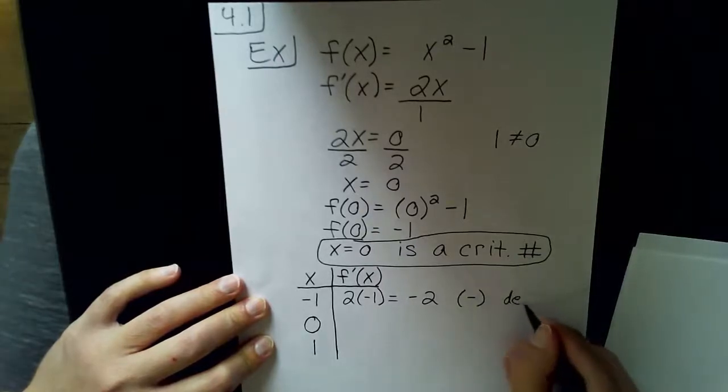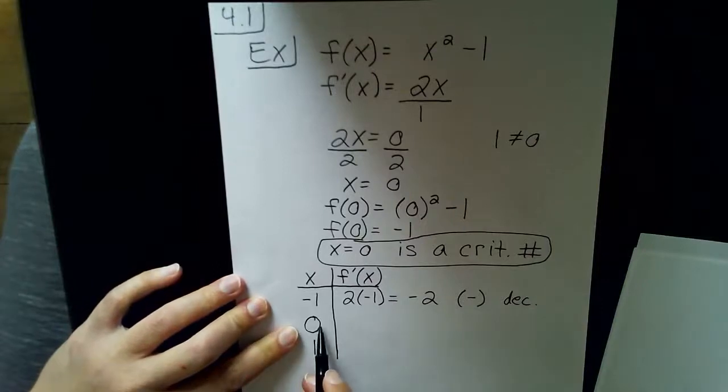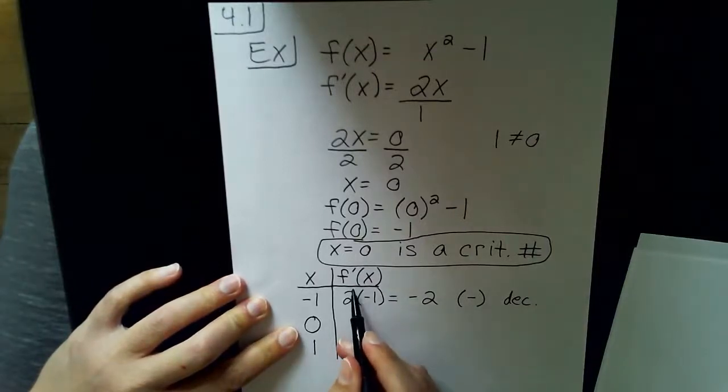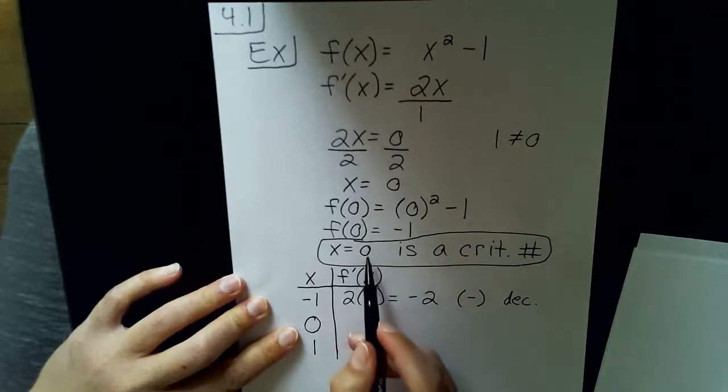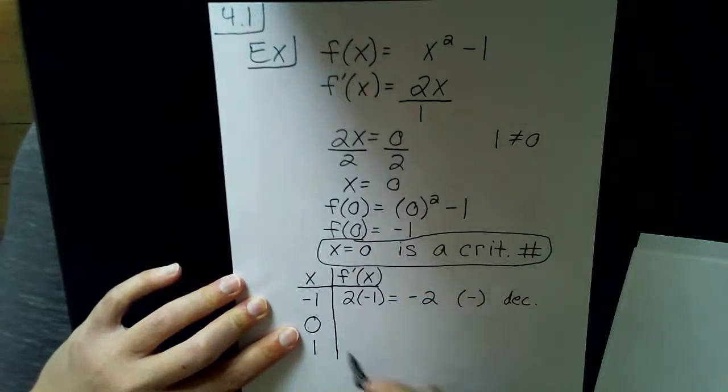So we can make a note there, decreasing. When we plug in 0 into our derivative, well, we already said that's our partition number or critical number, and that occurred when we set the derivative equal to 0, so the result will just be 0.